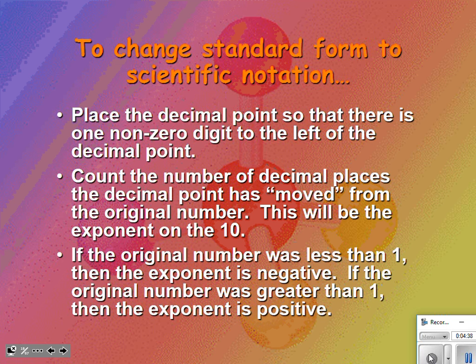Count the number of places the decimal point has moved from where it was originally at. That will be the exponent of the 10. Finally, if the original number was less than 1, the exponent is negative. If the original number was greater than 1, the exponent is positive. Simple enough.